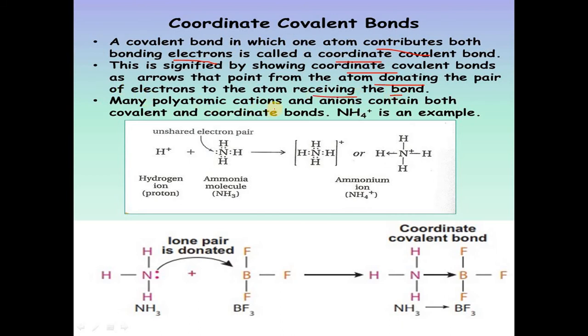Many polyatomic cations and anions contain both covalent and coordinate bonds, and one example is the NH4 plus ion. Ammonia gives its lone pair to the H plus ion, and we get the ammonium ion. Similarly, in NH3BF3 a coordinate covalent bond is formed between ammonia and BF3.